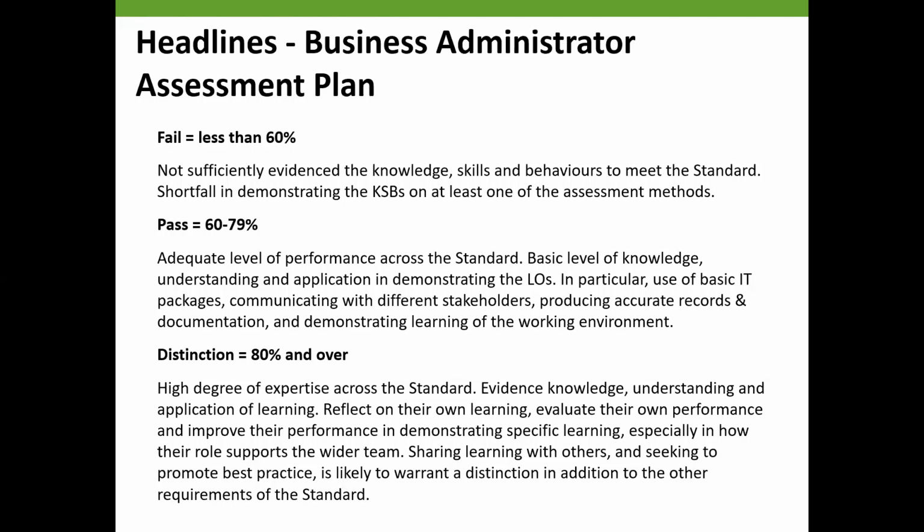And although we know the assessment plan is mainly written for you guys, that annex for this standard is very helpful for the training providers in thinking about how they stretch their learners to meet an appropriate level of grading for their apprentice, because often we're asked, how will we know if we're aiming for a distinction, for example?